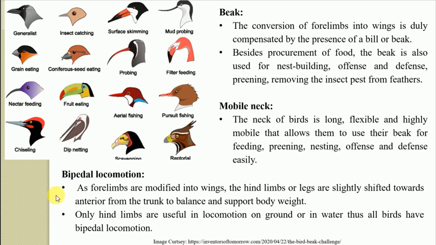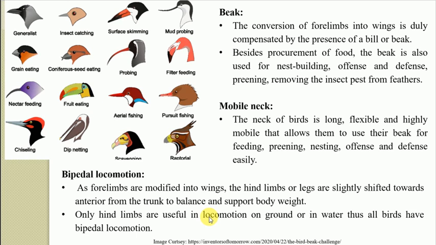Then another feature is bipedal locomotion. As we know, the forelimbs are modified into wings, and the hind limbs or legs are slightly shifted towards the anterior of the trunk to balance and support the body weight. So in birds, only the hind limbs are useful for the purpose of locomotion, particularly on the ground and in the water.